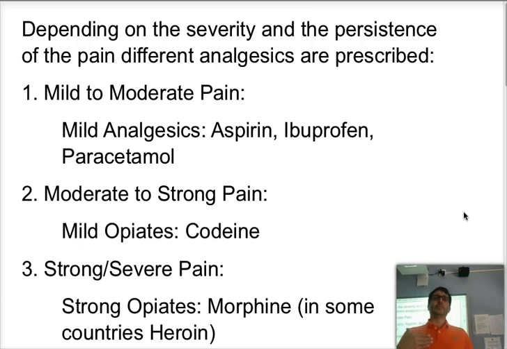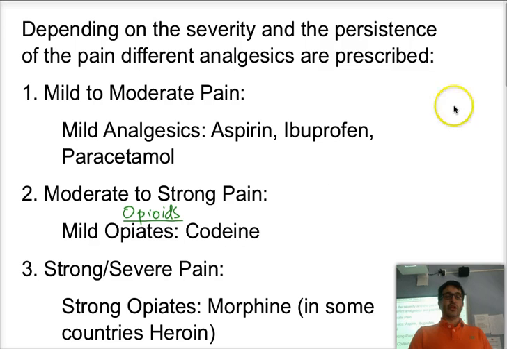As the pain persists and becomes stronger, you're going to use mild opiates or mild opioids, like codeine. If the pain continues and it gets stronger and stronger, you will need to use a stronger alternative, and you will use some strong opioids, all right, such as morphine.